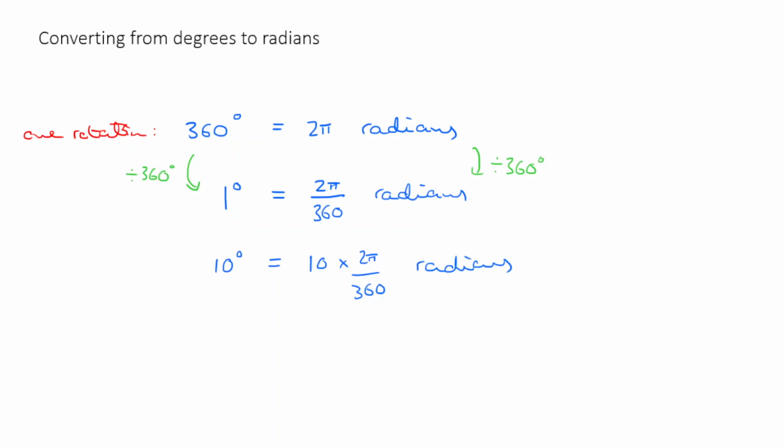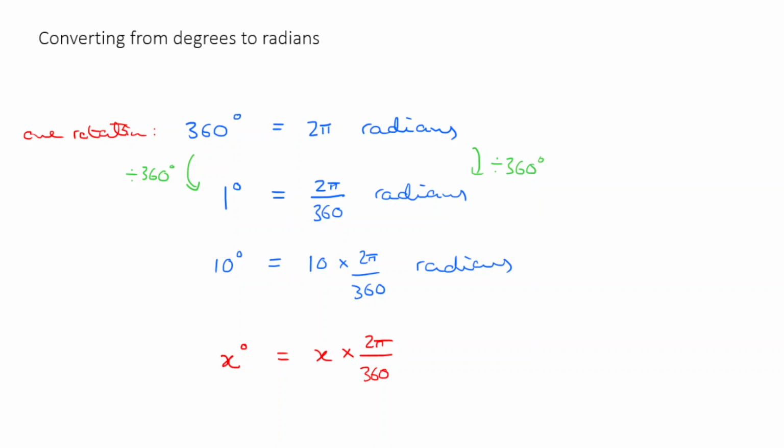And of course, I can apply that to absolutely any angle in degrees, not just 10, but 22, 53, whatever. Let's say I've got x degrees, where x can stand for any number. How do I find that? Well, I take that angle and I multiply it by 2 pi over 360.